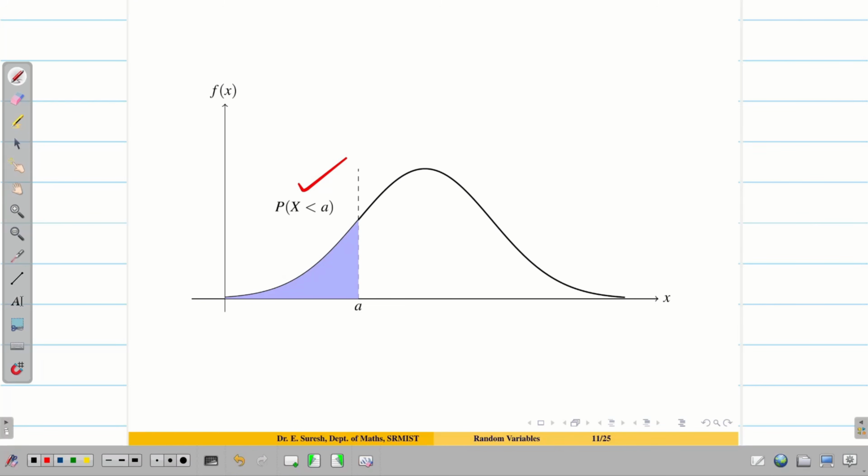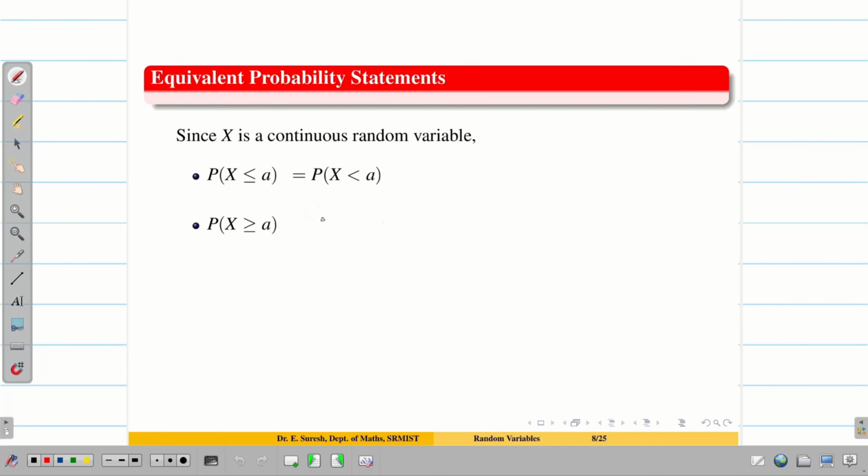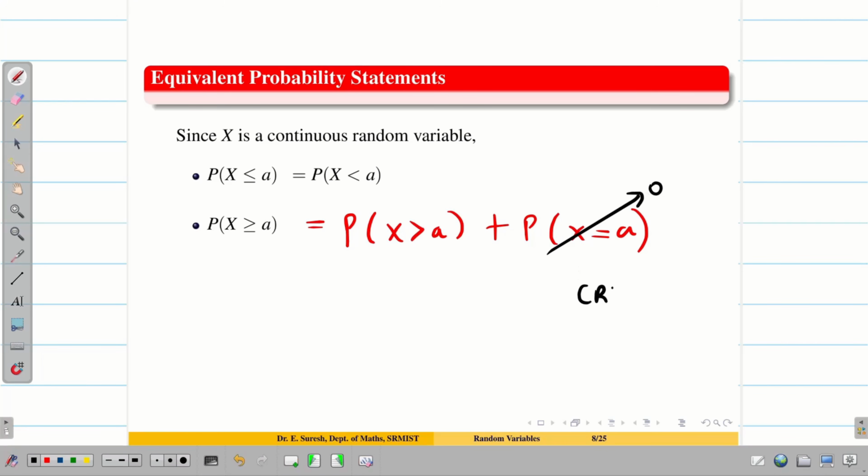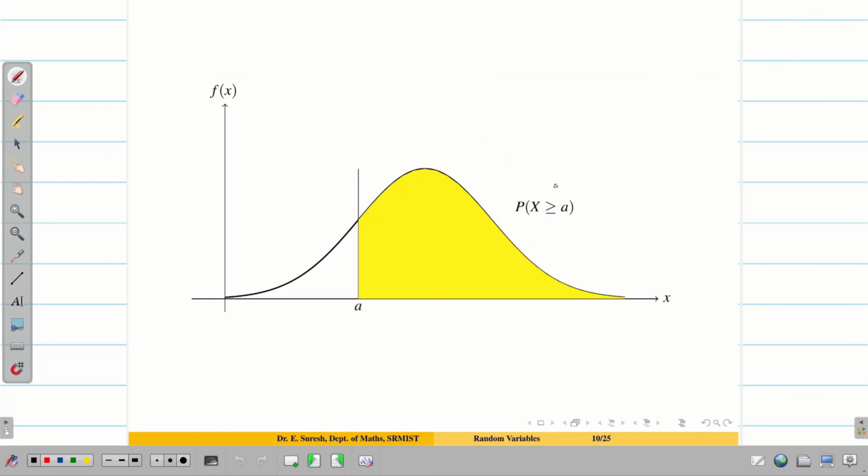Therefore, in a continuous random variable, P of x less than or equal to a is always equal to P of x less than a. In a similar way, probability of x greater than or equal to a, I can rewrite as probability of x greater than a plus probability of x equal to a, and this is going to be 0 in a continuous random variable. Therefore, probability of x greater than or equal to a is equal to probability of x greater than a.